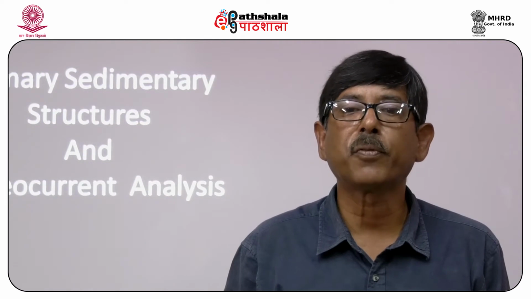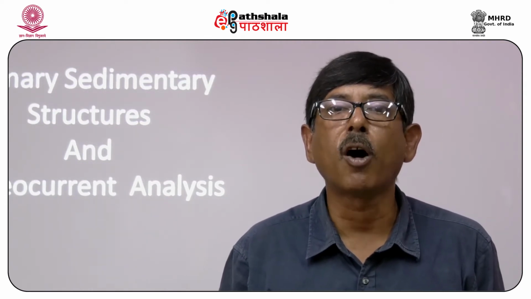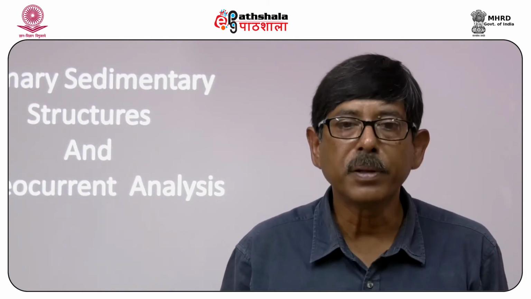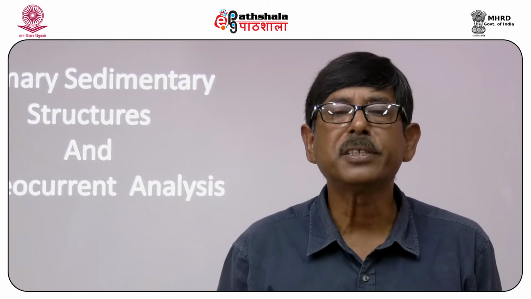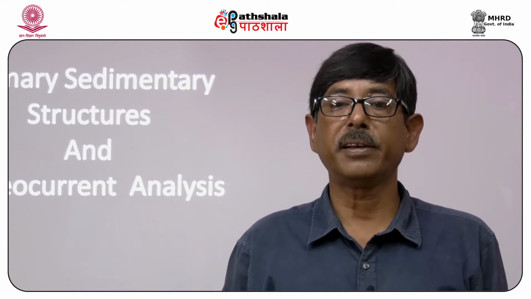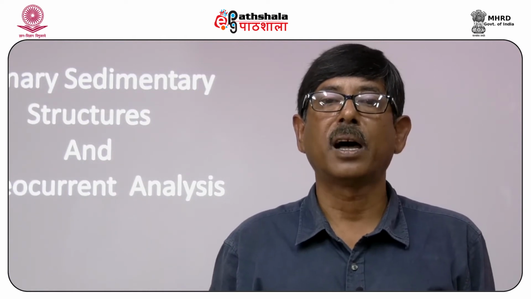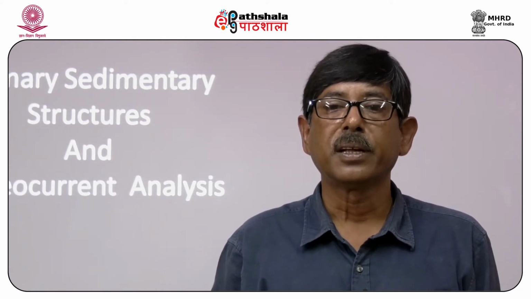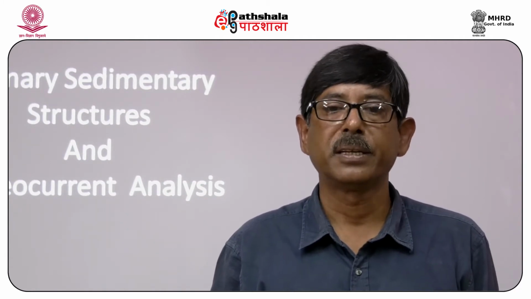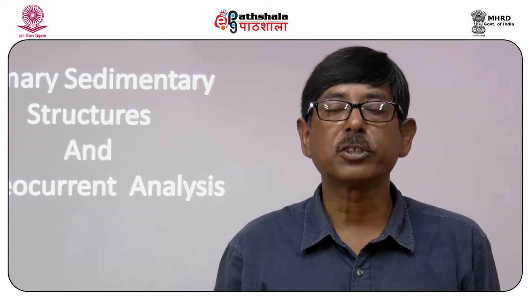Cross stratification forms primarily because of migration of bed forms, mainly dunes, ripples, etc. Conventionally, if the individual inclined layers are thicker than 1 centimeter, the cross stratification may be referred to as cross bedding. Thinner inclined layering is called cross lamination.